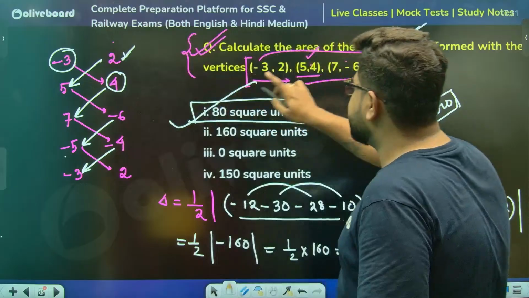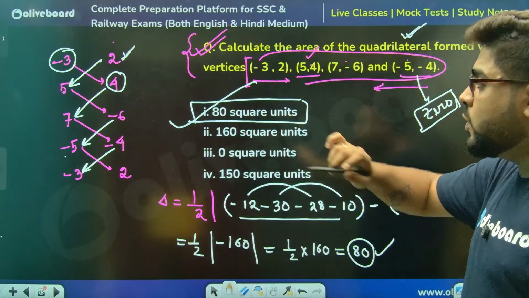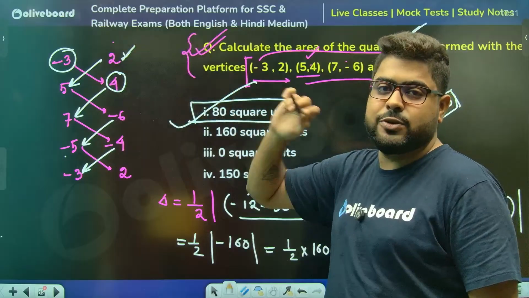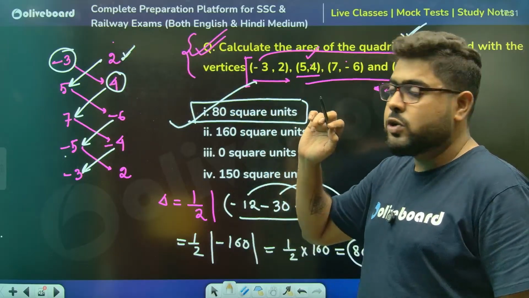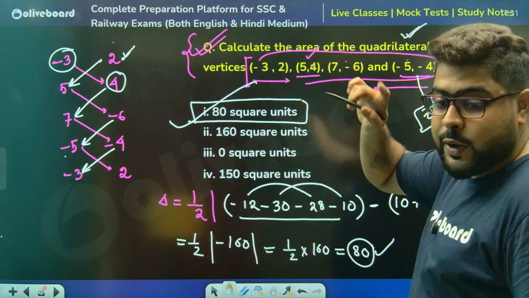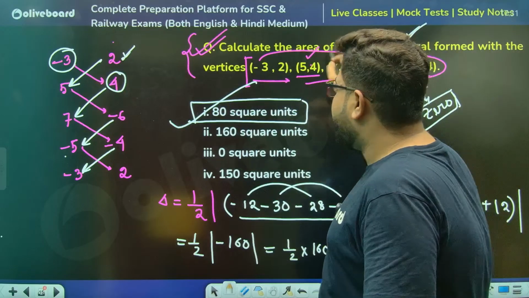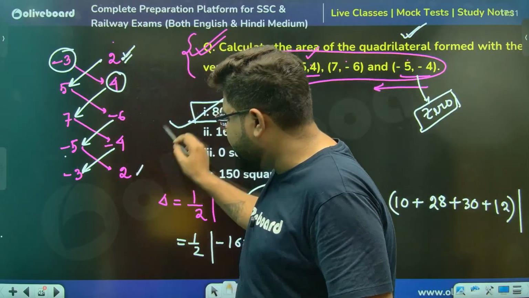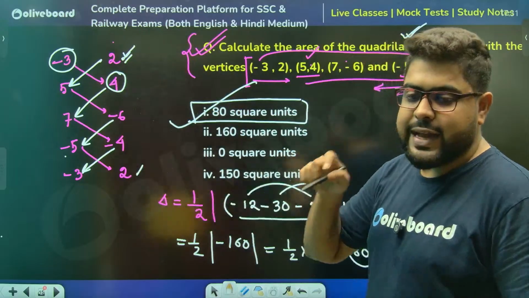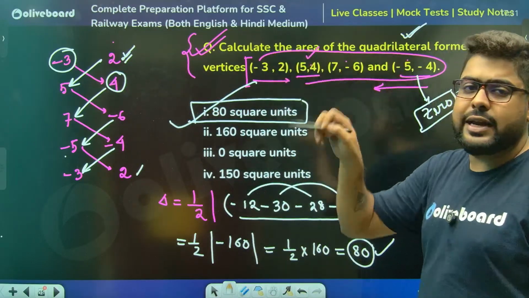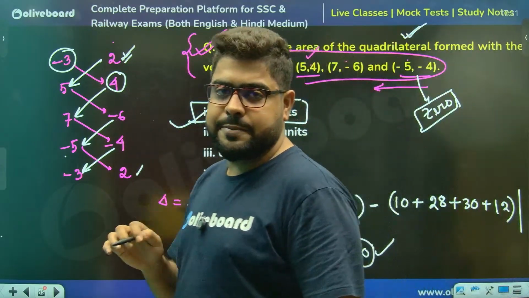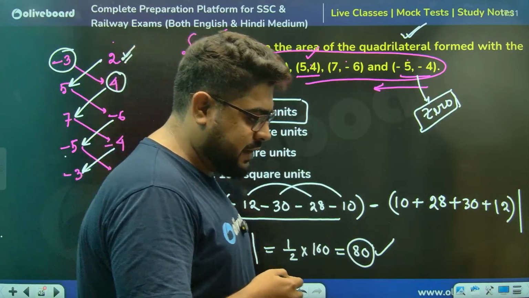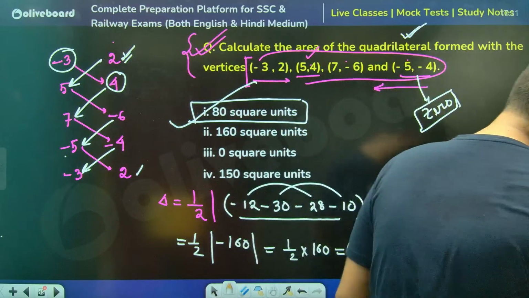If you have 0, 0 or at least a point having a 0, multiplication with that will be 0, because 0 into anything is 0. So start from that point, because whichever point you start with gets repeated twice. You see, this is twice. So always start with that and go in any of the directions. That is what I'm trying to say. Perfect, everyone. Makes complete sense, I hope.